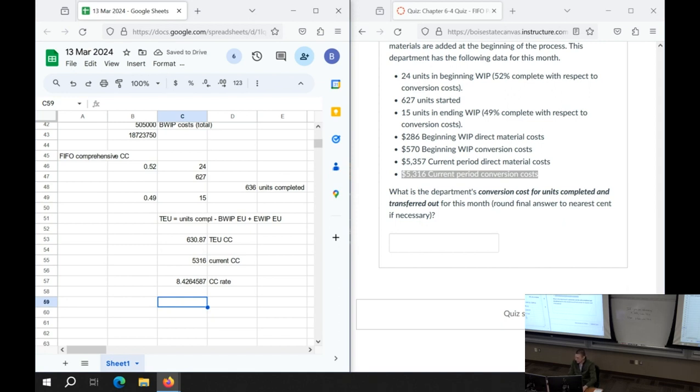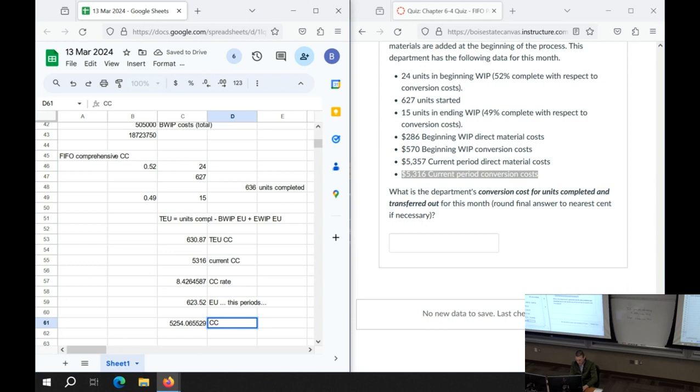Okay, so now when you take the units completed and subtract away the beginning WIP equivalent units, we can multiply that rate by the equivalent units completed with this period's work. That is the thing we're going to multiply the rate by under FIFO.